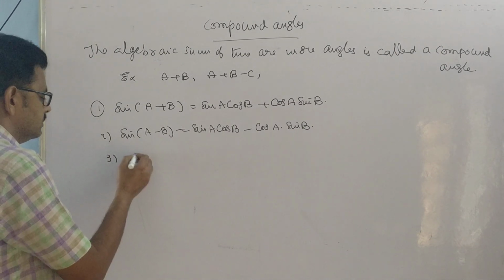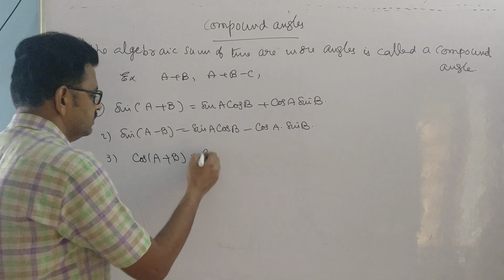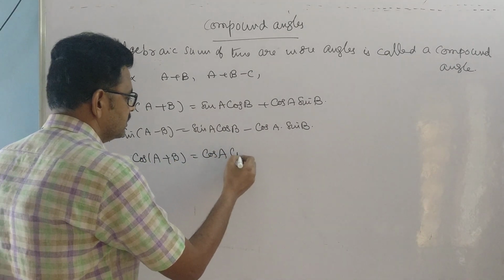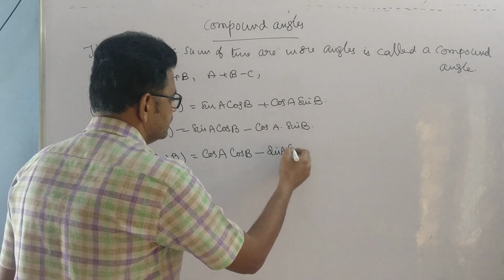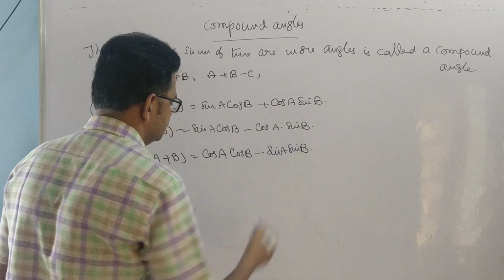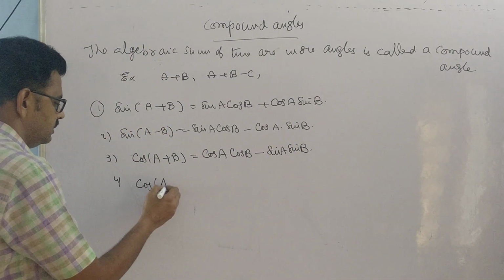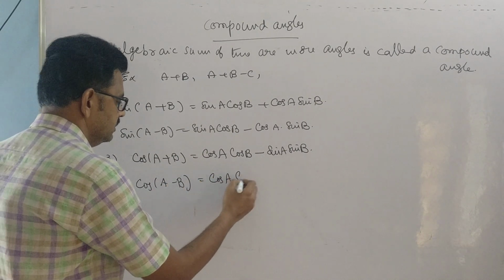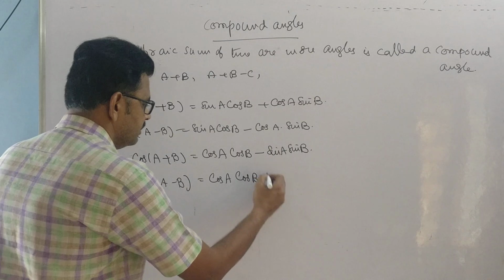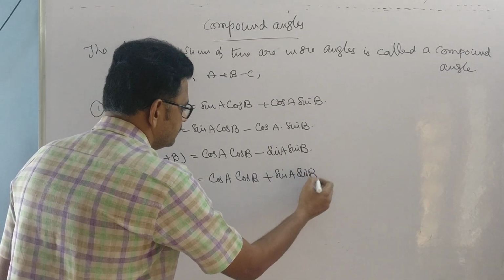Third one, cos of a plus b is equal to cos a cos b minus sin a sin b, and cos of a minus b is equal to cos a cos b plus sin a into sin b.